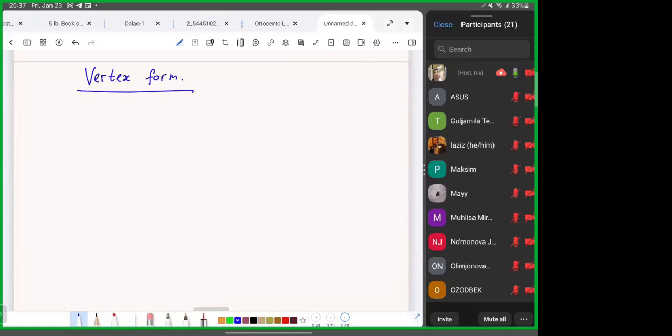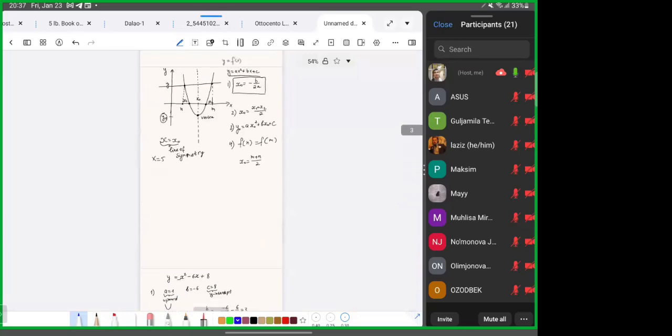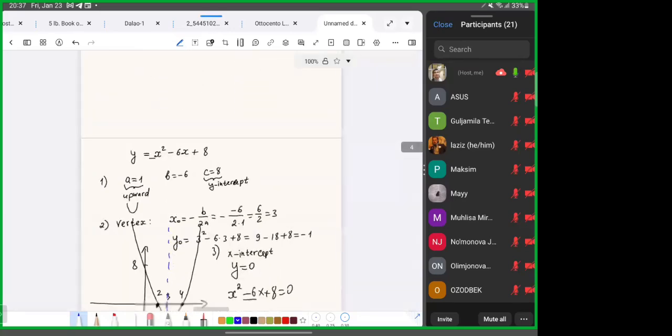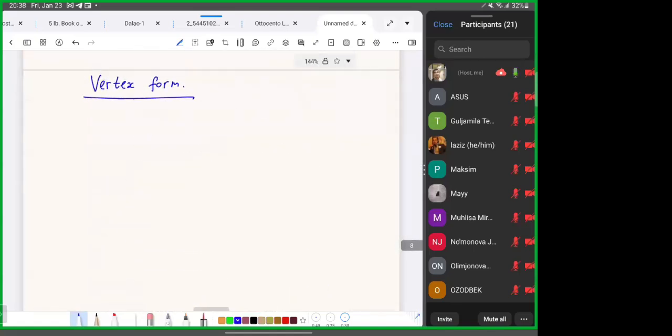For example, let's take some function, the very beginning one which we learned together. Let's take this parabola: y equals x squared minus 6x plus 8. Now, let's write this one in vertex form. How will we write it?